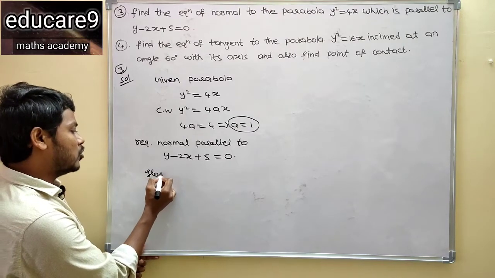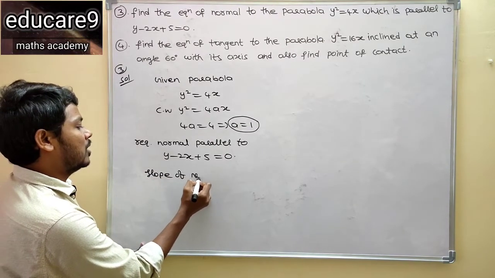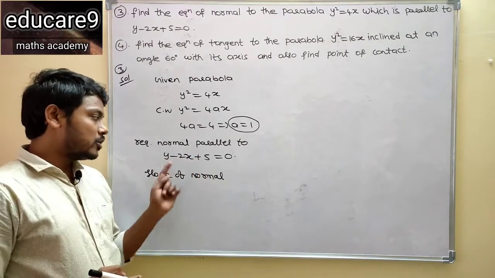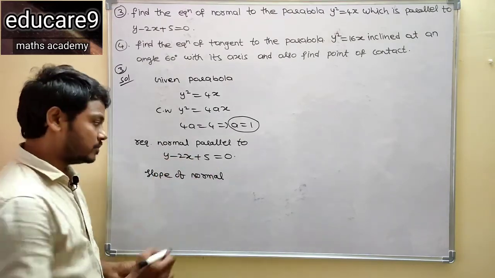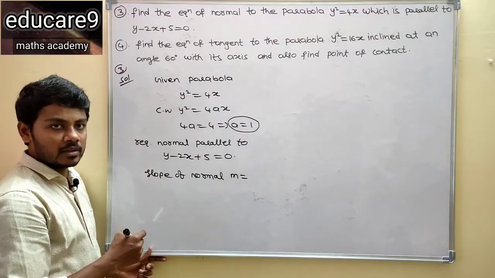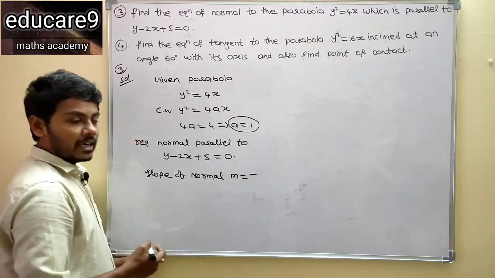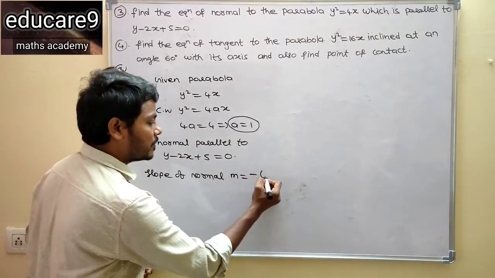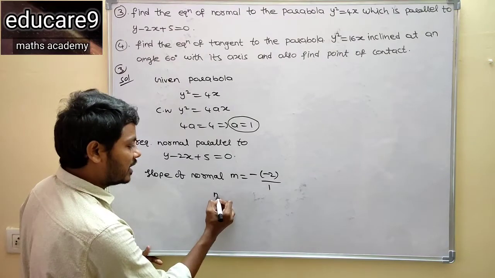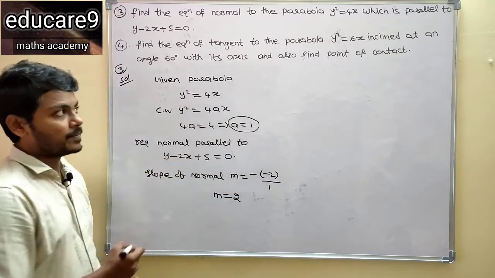Therefore, the slope of the normal is the slope of this line, that is m is equal to minus a by b. That is minus of a is what? Minus 2. And b is what? 1. So clearly m is equal to 2.